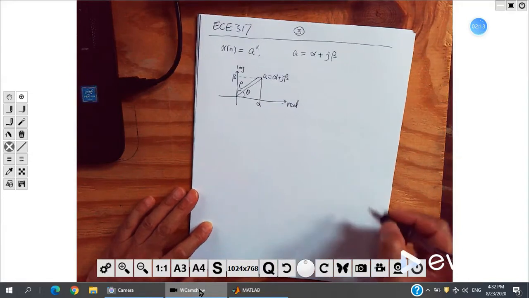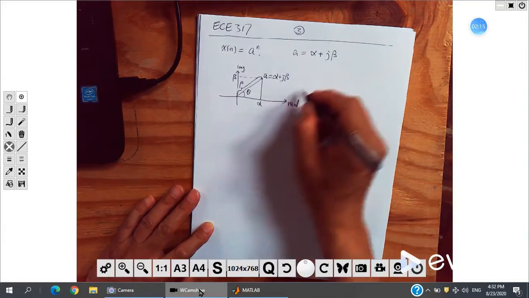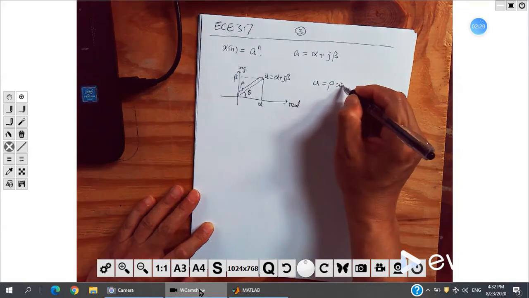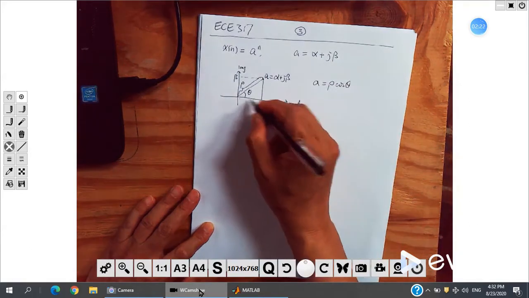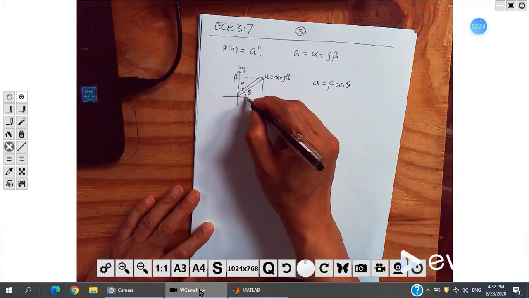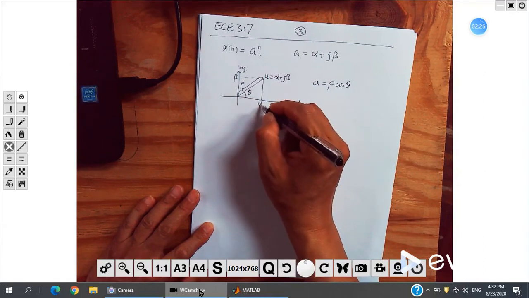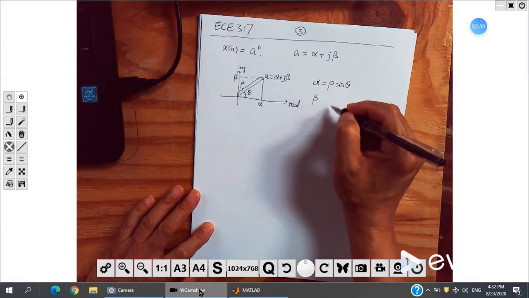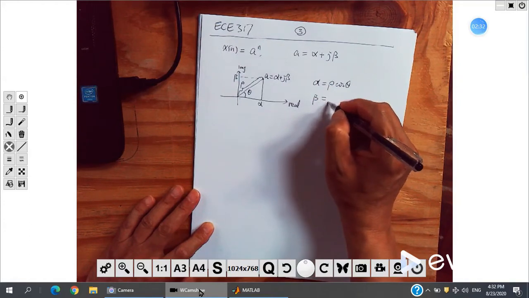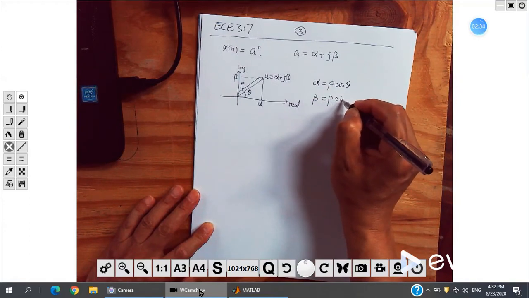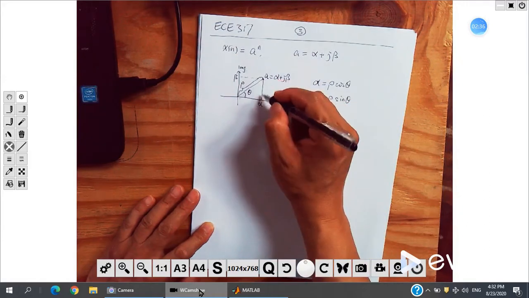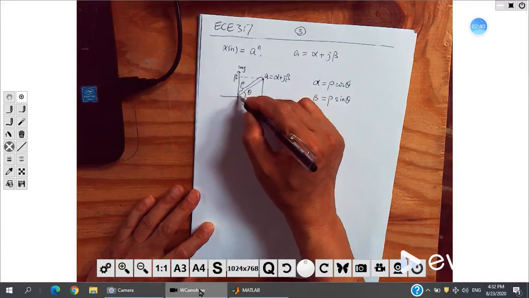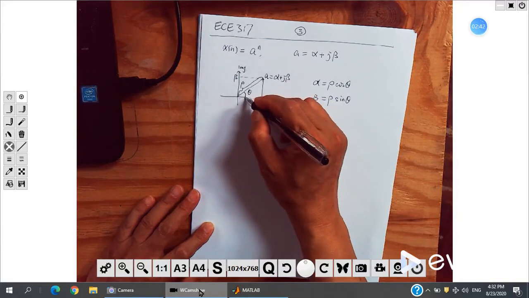Then alpha can be written as rho times cosine theta, right? This is alpha. This is rho times cosine theta. And the beta can be written as rho times sine theta, right? This is rho. This is beta. Beta is rho times sine theta.